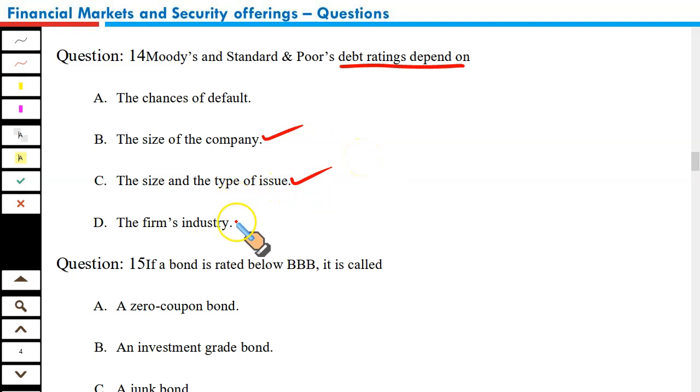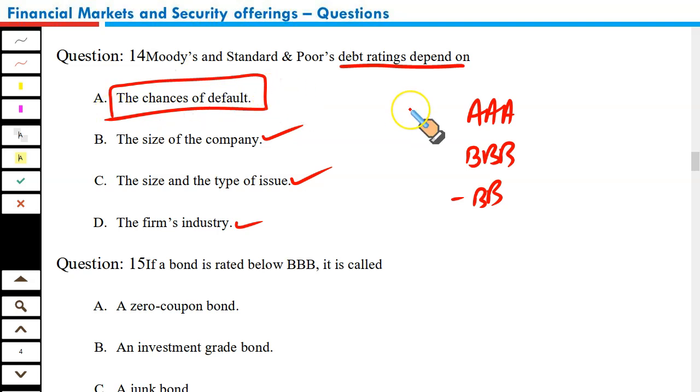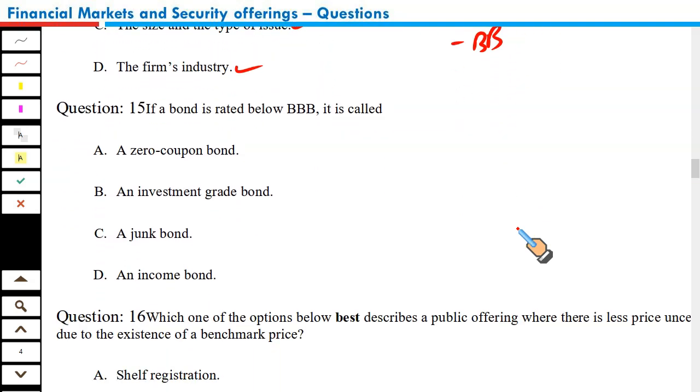They do consider the firm industry, but eventually their ratings, when they give the AAA rating or when they give the BBB rating or BB negative, these ratings eventually depend upon the chance of the default. The companies that are less likely to default will have a high rating. The companies that are more likely to default, that will have low rating. Absolutely right. So they got it correct. That's A. Moving on.